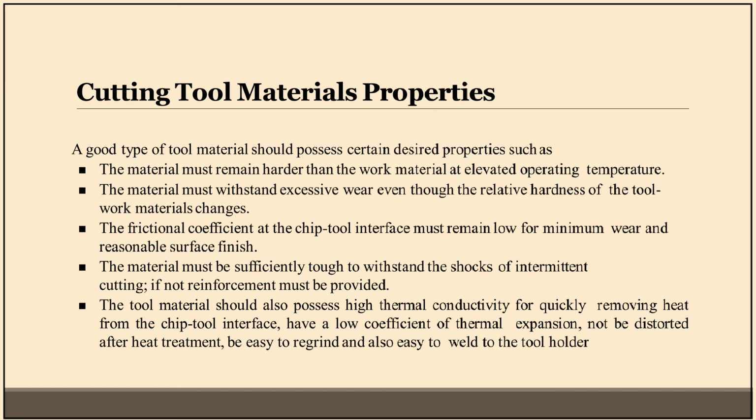Number 3, the frictional coefficient at the chip tool interface must remain low for minimum wear and reasonable surface finish. Number 4, the material must be sufficiently tough to withstand the shocks of intermittent cutting. If not, reinforcement must be provided.